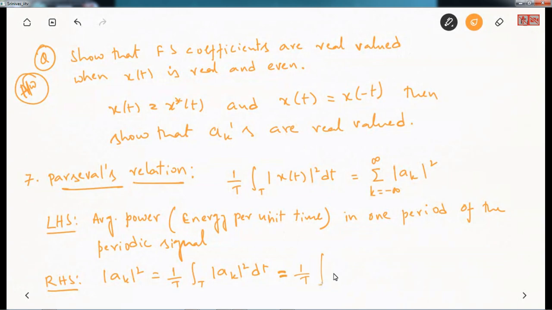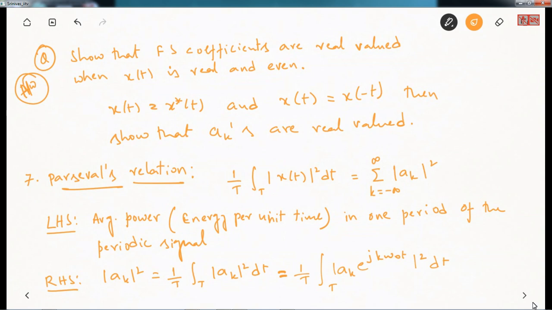1 over T integral of mod ak e power j k omega naught t whole square dt. So the right hand side, mod ak square, is nothing but again the average power in one period of the kth harmonic signal.